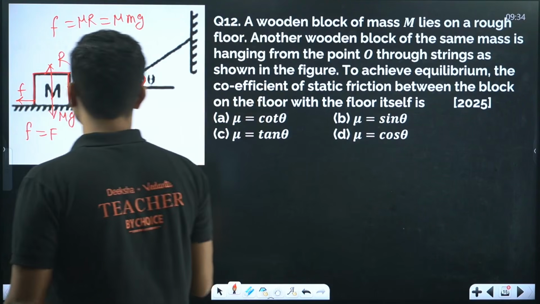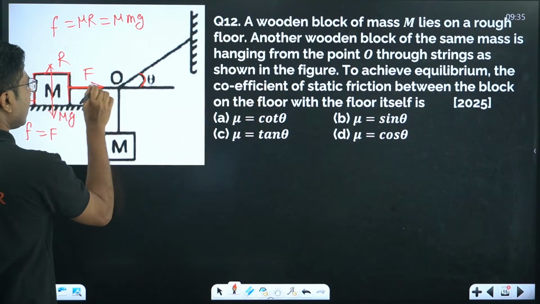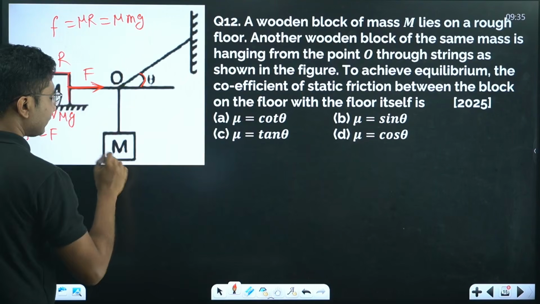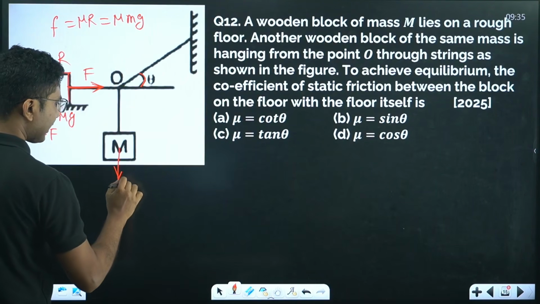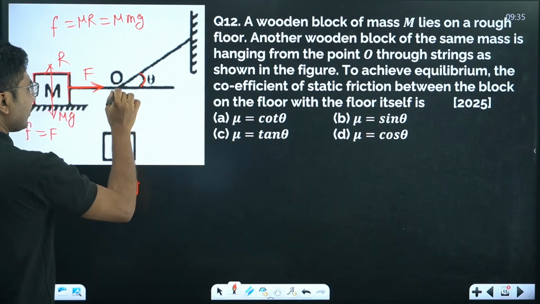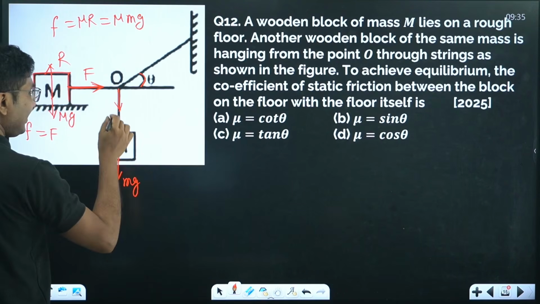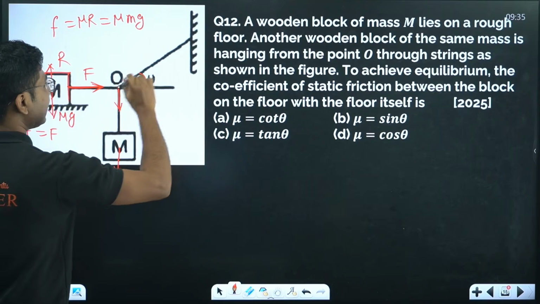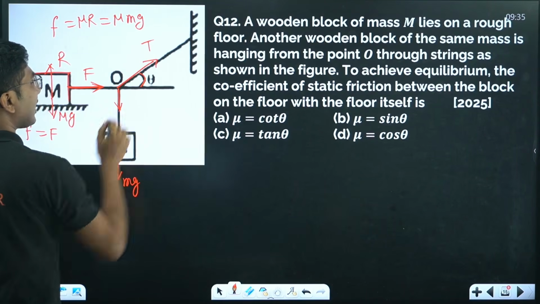Now we have to think about this force. What is this force? This force is actually coming because of this block, which is applying a force mg over here. This mg force gives rise to this tension, and because of this tension there are two components.